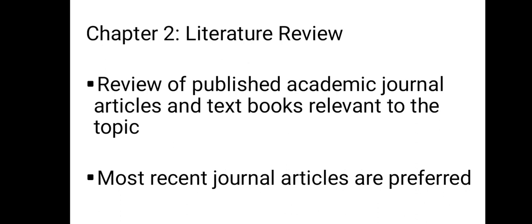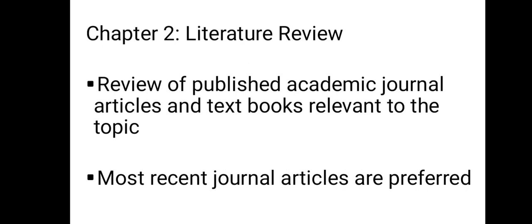Most times, most recent journal articles are preferred when seeking articles to review for your study. Most recent articles are articles that are published within the last 5 years as at the time you want to embark on your study.